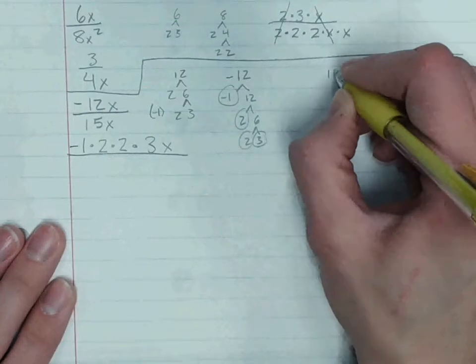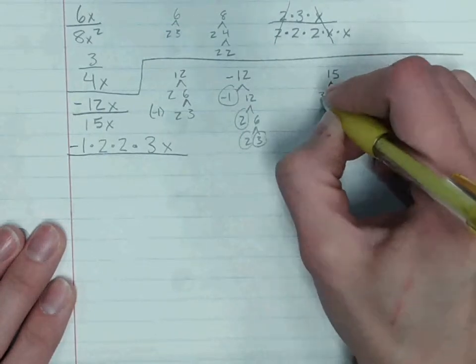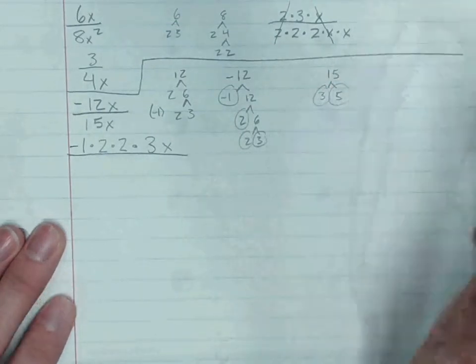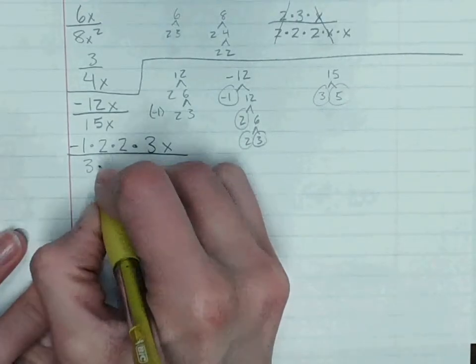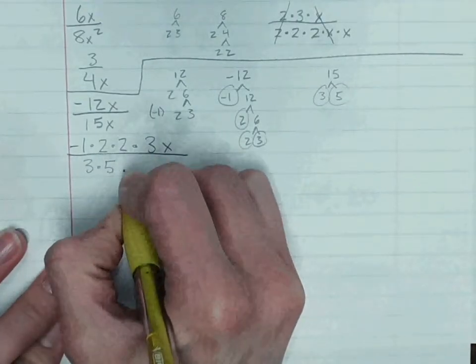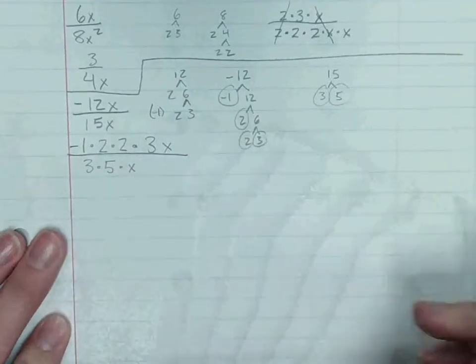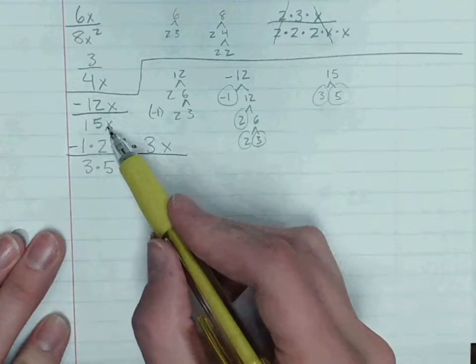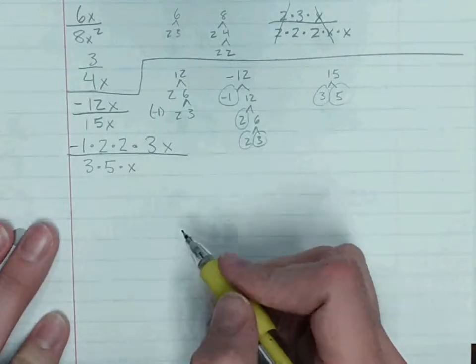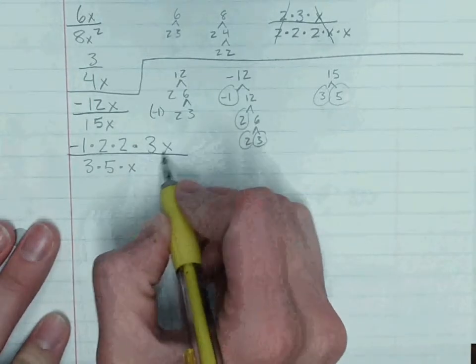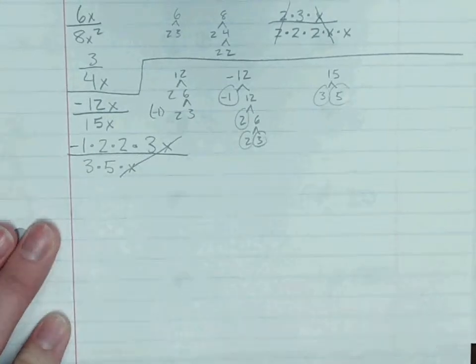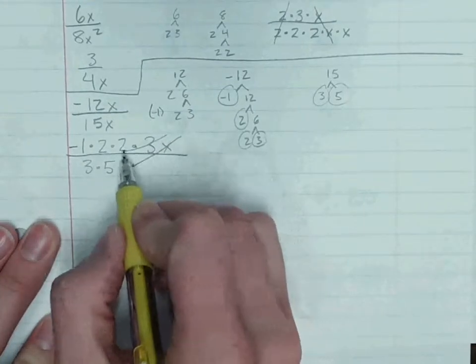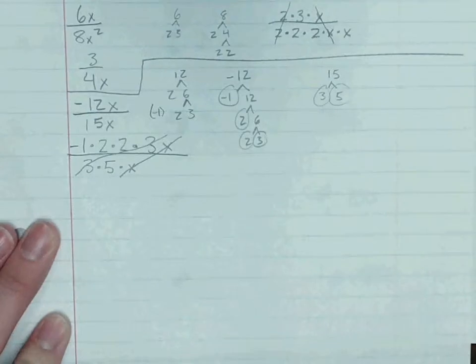On bottom, 15, we have 3 and 5. Those are both primes, so that's as far as it's going to go. So 3 times 5 times an x, because there's an x on top and an x on bottom, but no more. So I can cross out these two x's, one on top and one on bottom, and cross out this 3 and that 3.